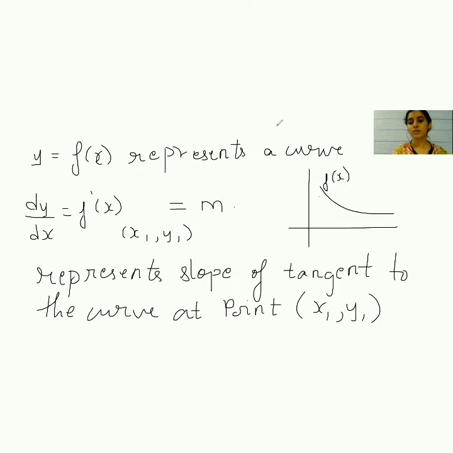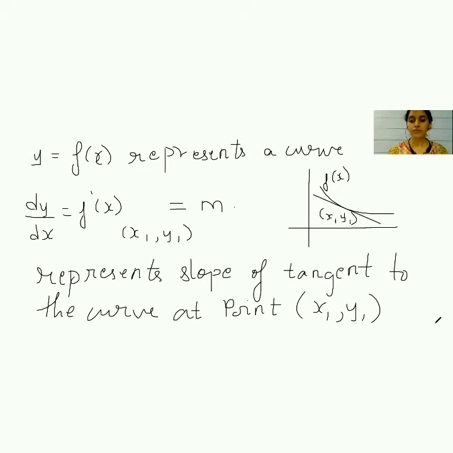Let us say that this is the tangent to the curve, it should be touching the curve. So this is your tangent to the curve, and the point here is x1, y1. Then the slope of this tangent is the derivative of the curve. Clear? So this is the first application.